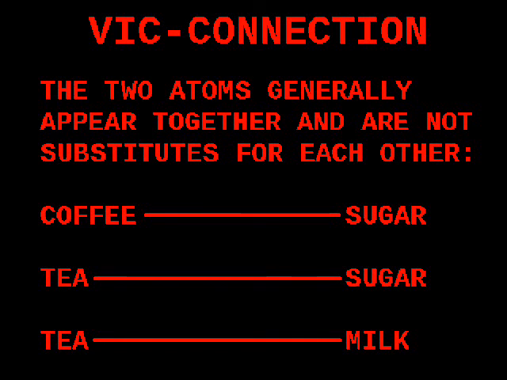Now, looking at the vic connection, you can also say the same thing as before. Two atoms rather appear together. Like for instance, you may have coffee with sugar, tea with sugar, or, and that's quite interesting, tea with milk. Of course, tea and milk could also have more of an ana connection, that you order either tea or milk.